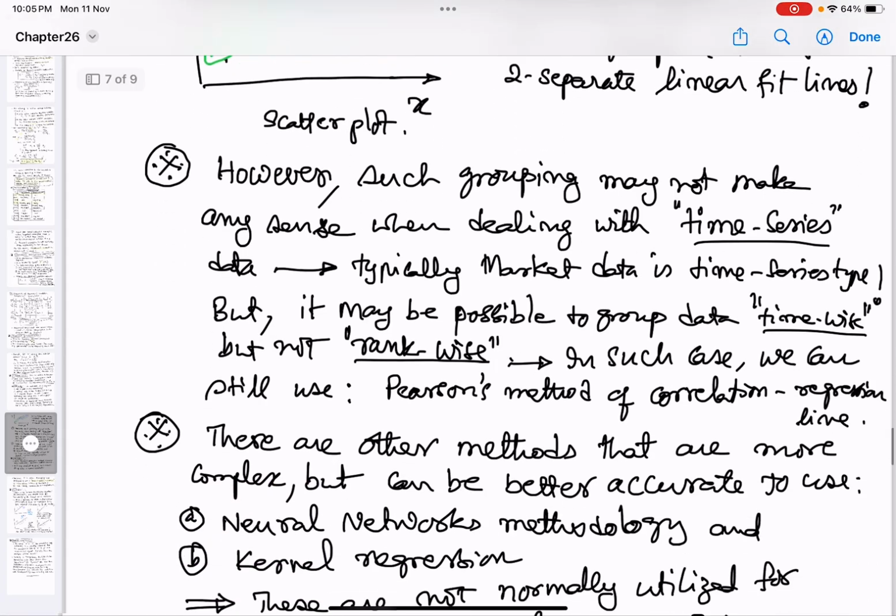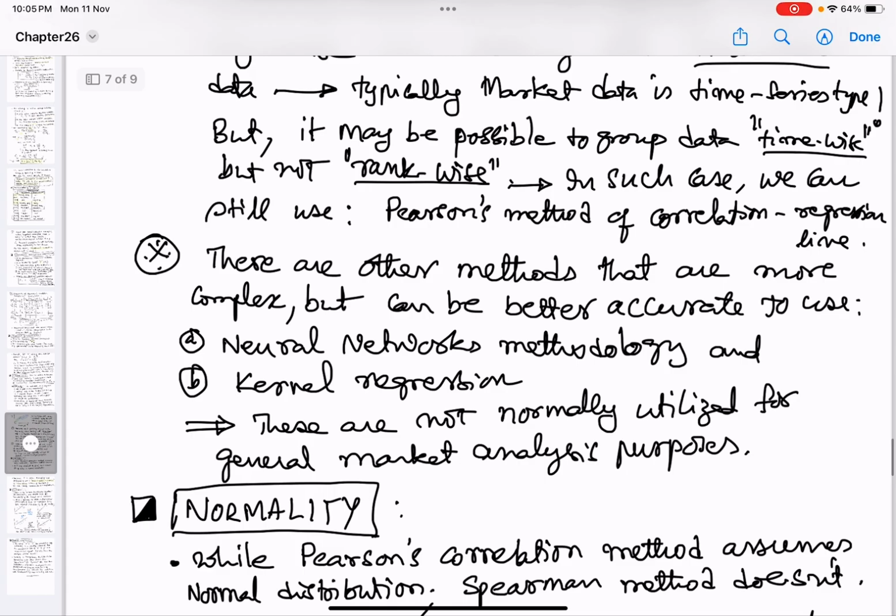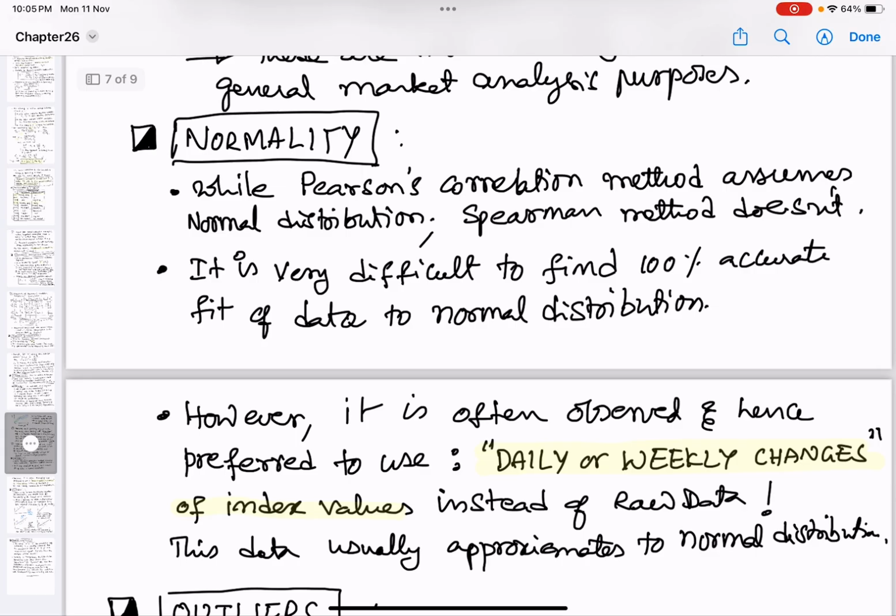Typically, market data is time sensitive, but it may be possible to group data time-wise, but not rank-wise. In such a case, we can still use Pearson's method of correlation because we are able to group it. Now, there are other methods that are more complex but can be more accurate, like kernel regression and the neural networks methodology. These are not normally utilized for general market analysis purposes.